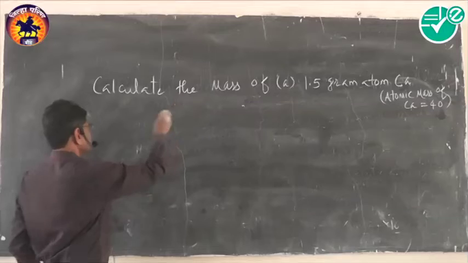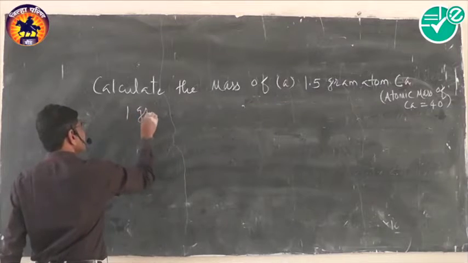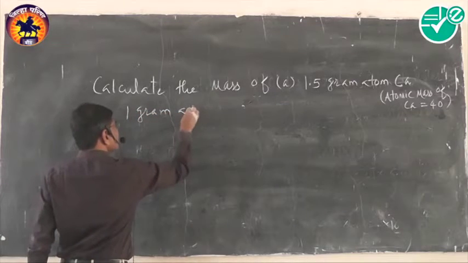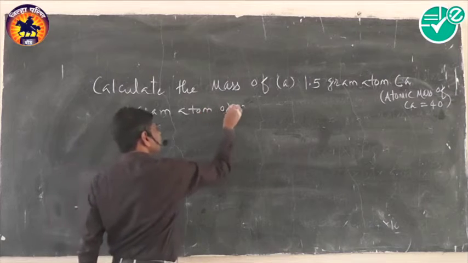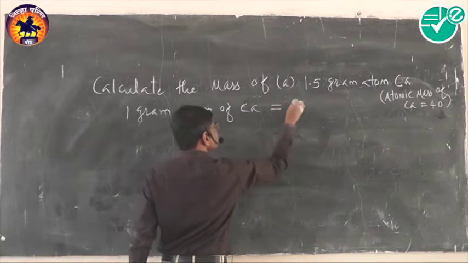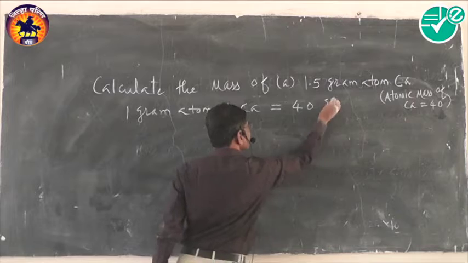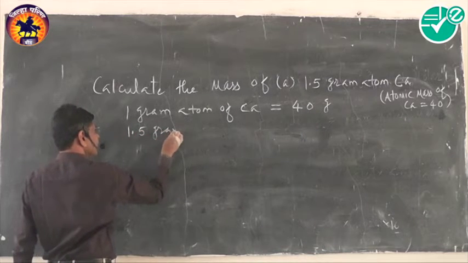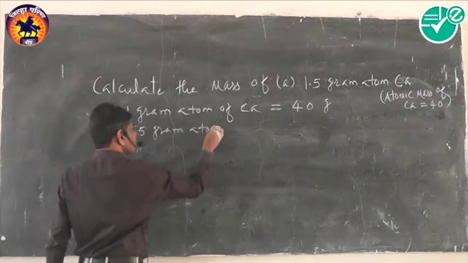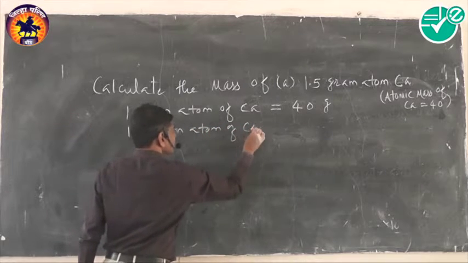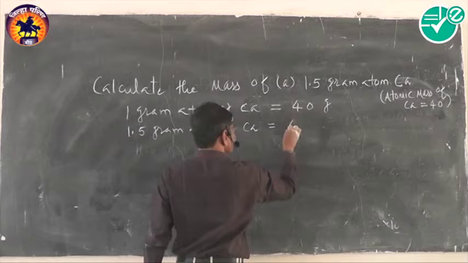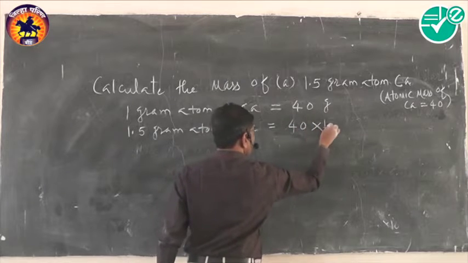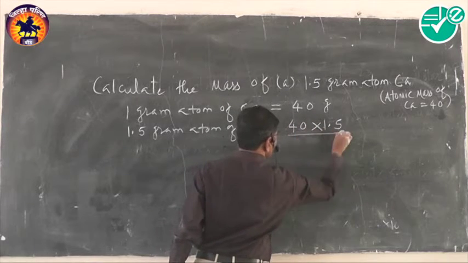Means how much. And so remember, 1 gram atom of calcium corresponds to 40 gram. Then 1.5 gram atom of calcium corresponds to 40 multiplied by 1.5 divided by 1.